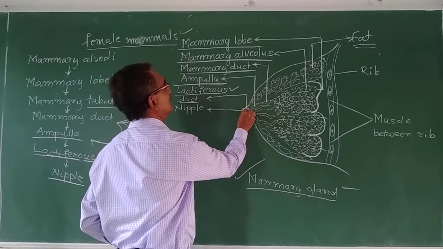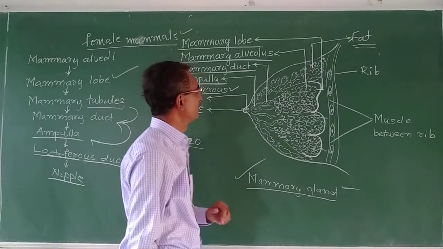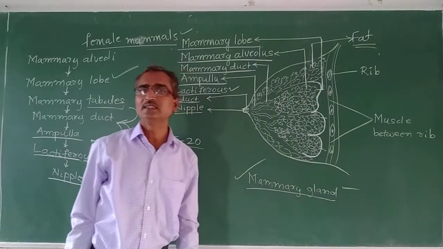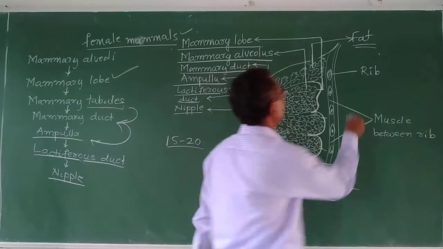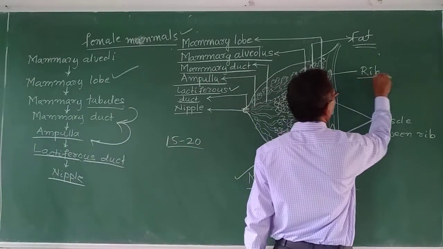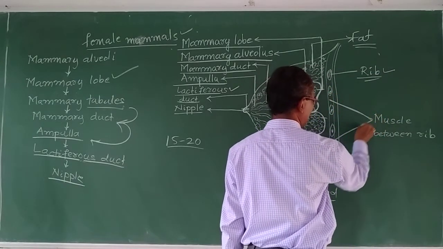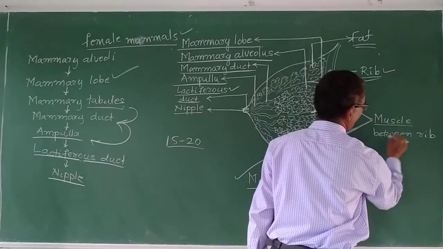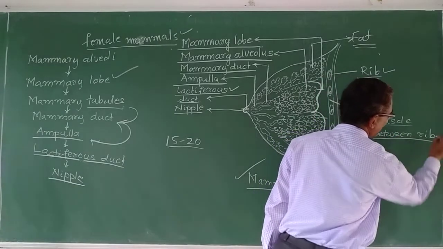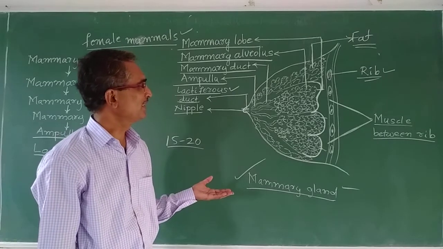The tip of this mammary gland is known as the nipple. Here these are the ribs, and in between are the muscles between the ribs. So this is the mammary gland.